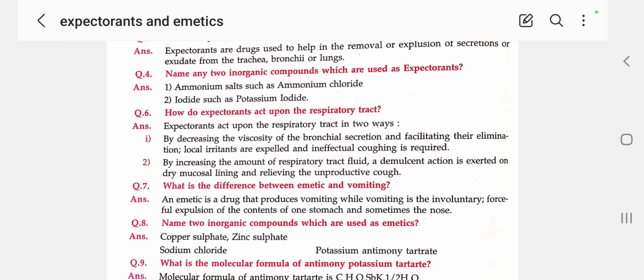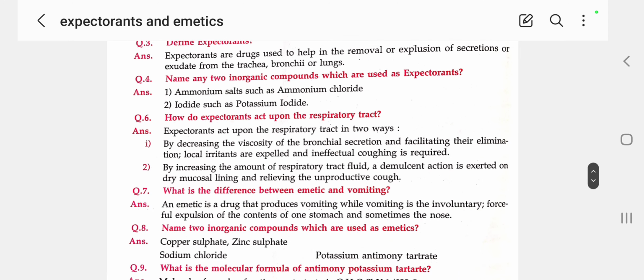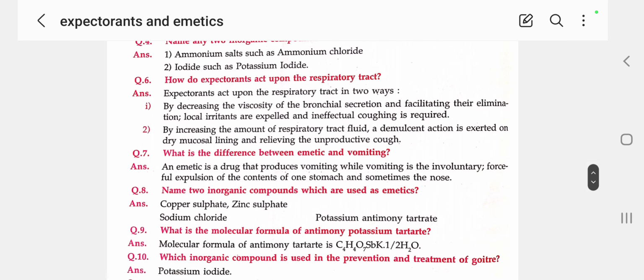According to your syllabus, you have ammonium salts such as ammonium chloride, and iodides such as potassium iodide, used as expectorants. Emetics such as sodium potassium tartrate and copper sulfate can also be used as expectorants.